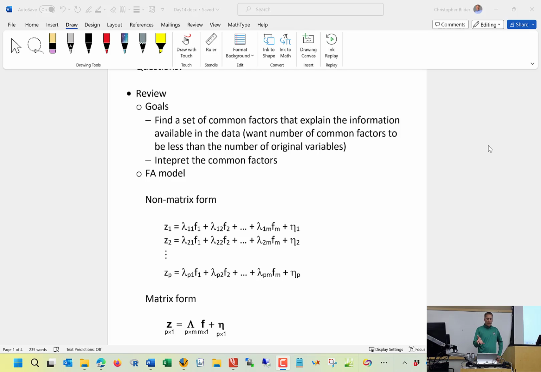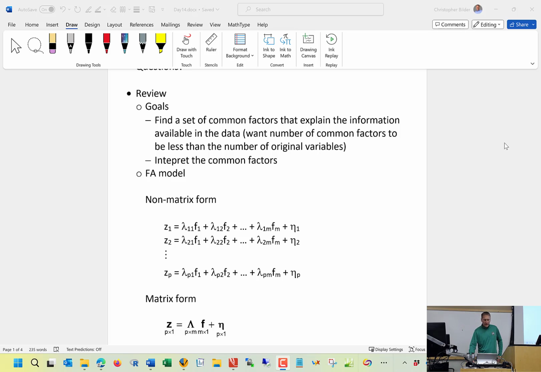We hope to only need to have, let's say, a few common factors. And obviously we want the number of common factors to be less than the number of our original variables. And then also we want to be able to interpret these common factors. So we can see that we have goals that are very similar to what we had with principal component analysis. How we accomplish these goals are different.